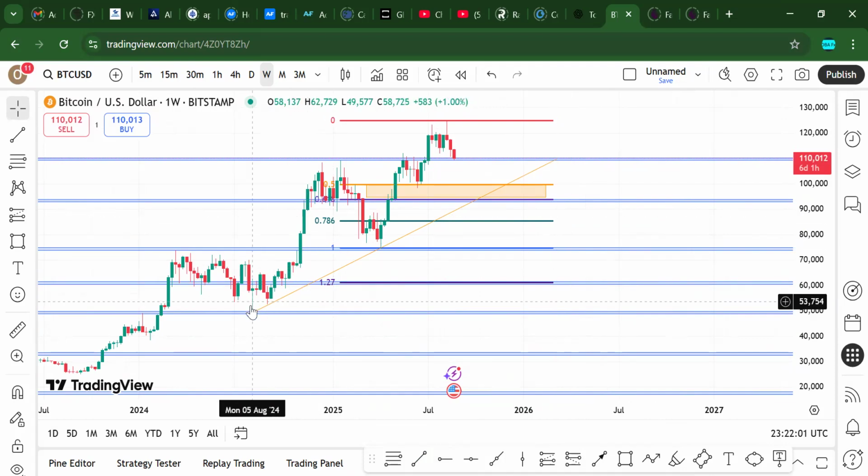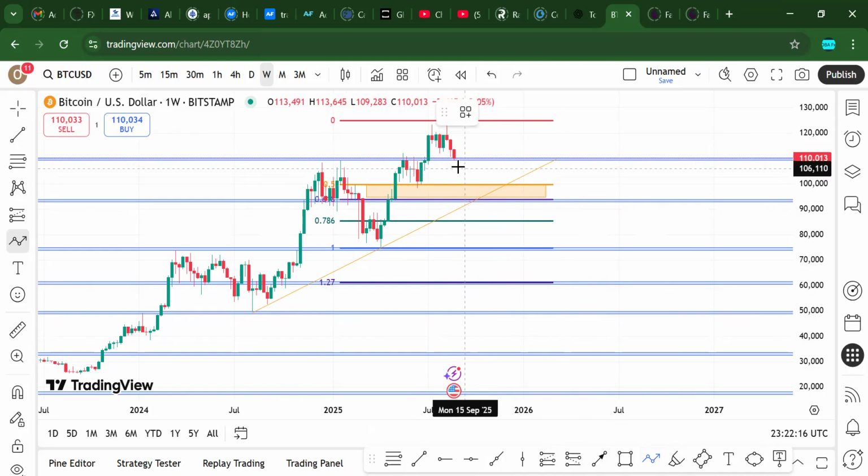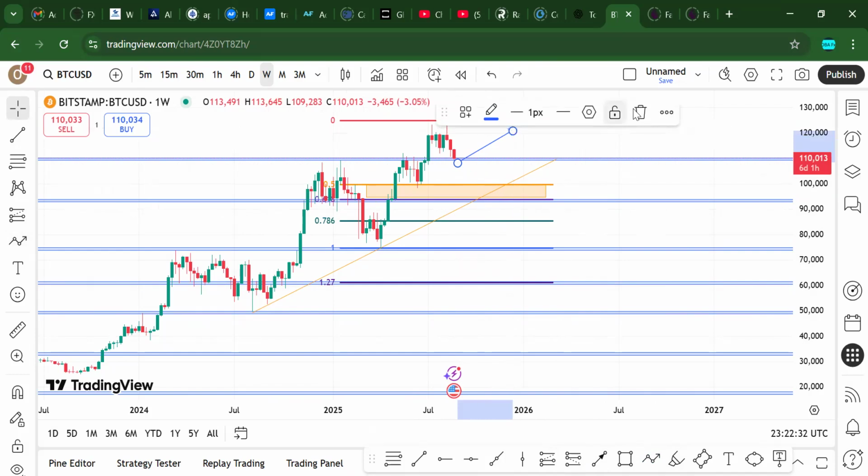So we have a first touch of the trend line, a second touch of the trend line. Since it has continued to drop with this high momentum, I'm hoping that price will likely drop back into the zone. It could be just the first part of the zone and then go upwards, or come into the zone and of course do a lot of playing around and then go upwards.